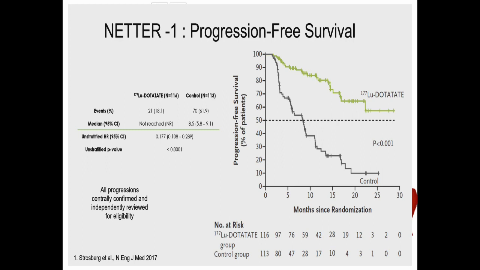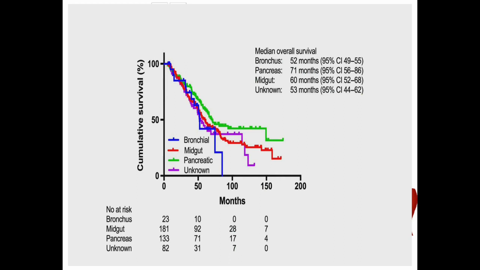It's the NETTER-1 study, and this study was extremely positive, as you can see, with a PFS that was not even reached in the treatment arm, while it was extremely short in the octreotide arm, which was the comparator, only 8 months of PFS.